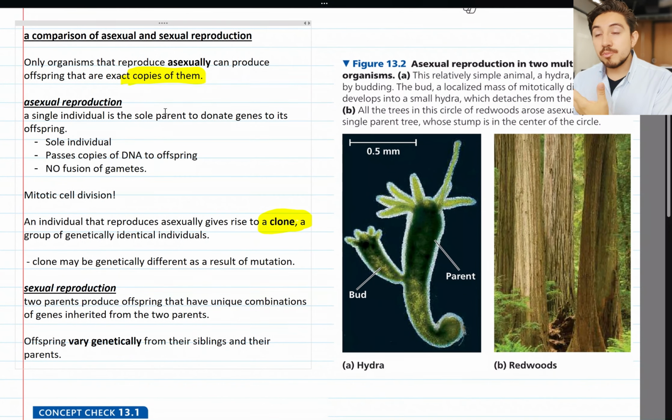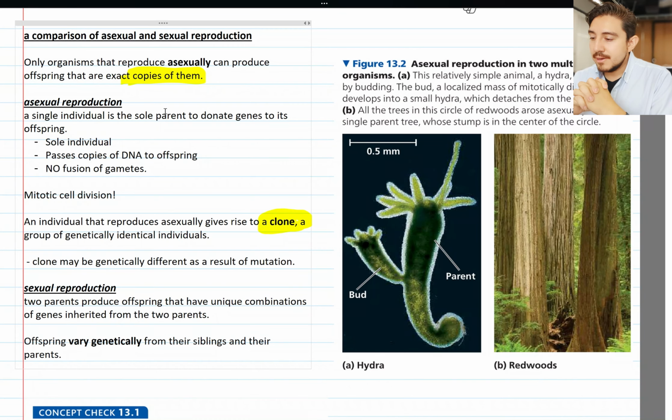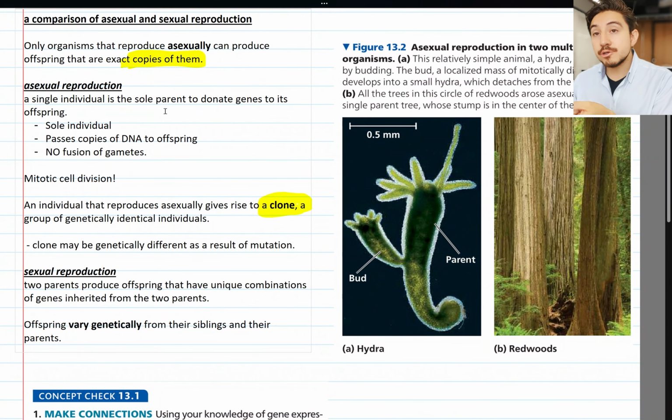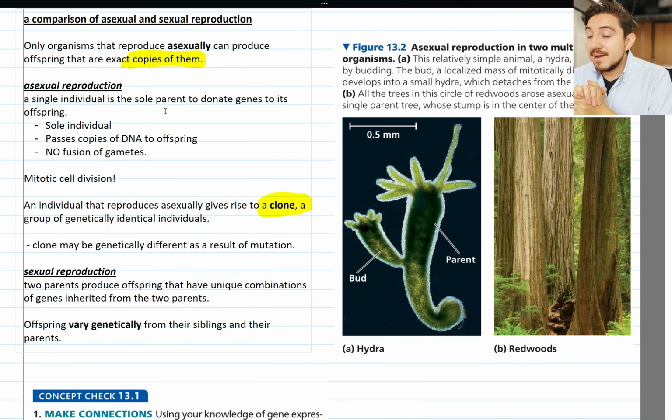Now, before we get into the process of meiosis, just to reiterate what asexual and sexual reproduction are: organisms that reproduce asexually can produce offspring that are identical copies of themselves.